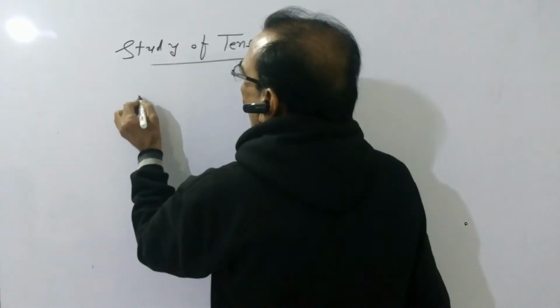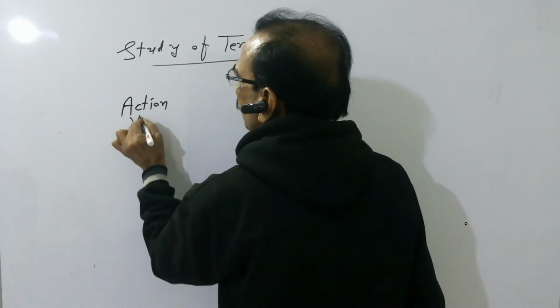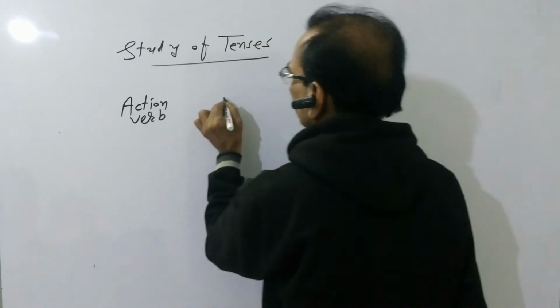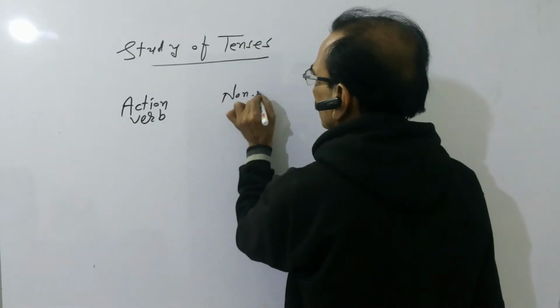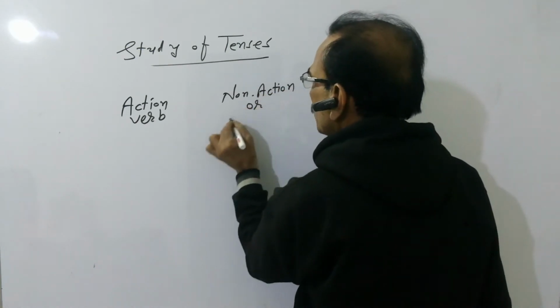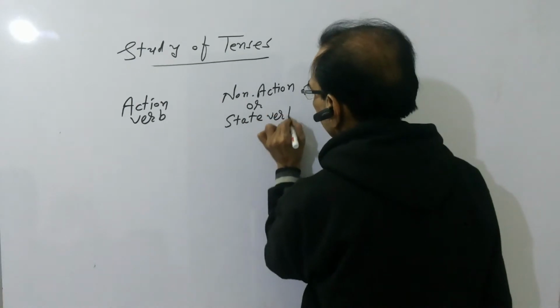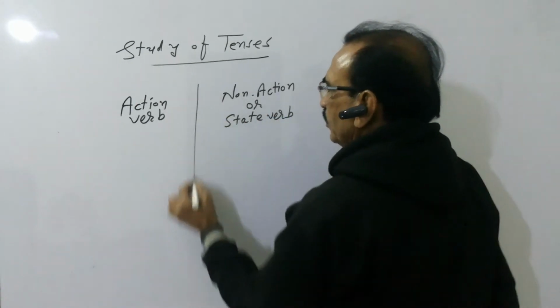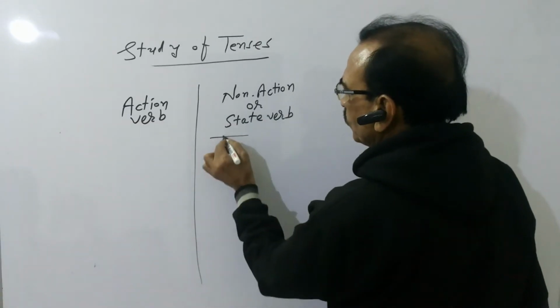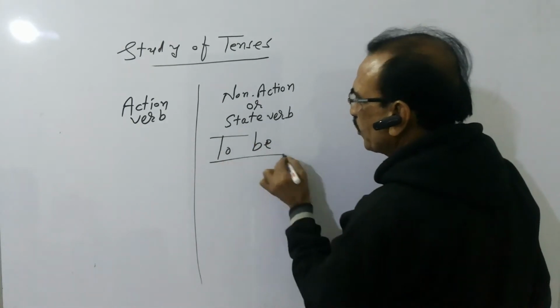Now, friends, we will discuss what is an action verb and what is a non-action or state verb. Here I will give you the to be form.